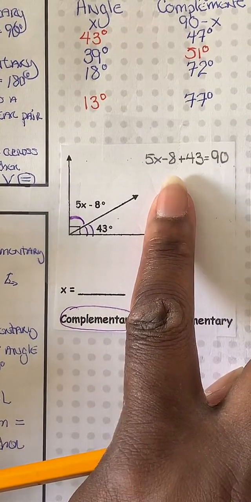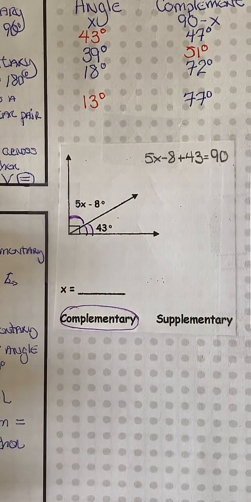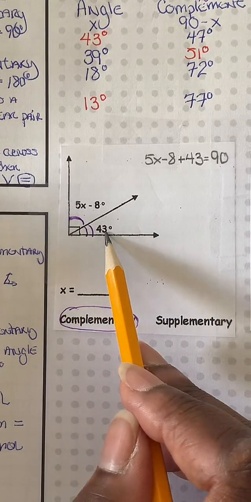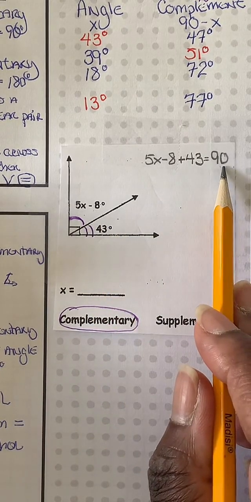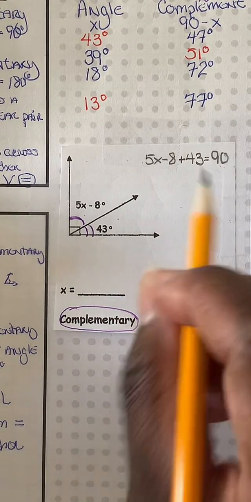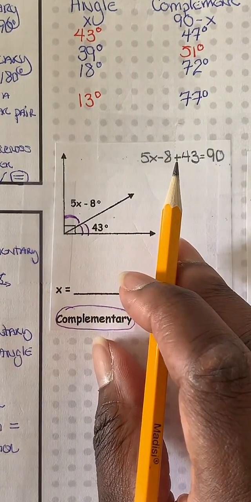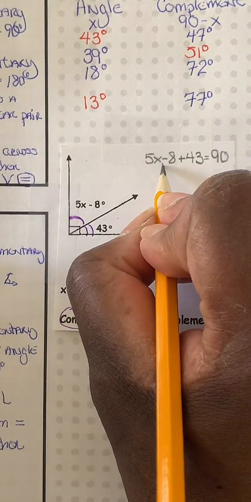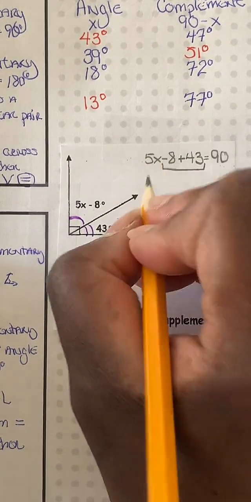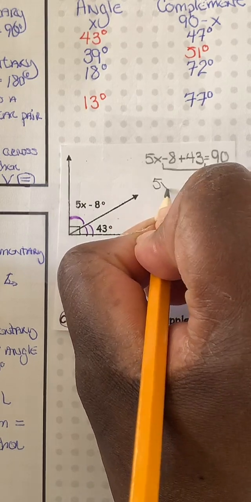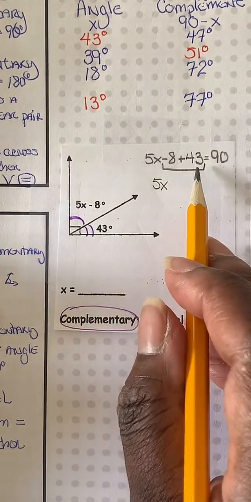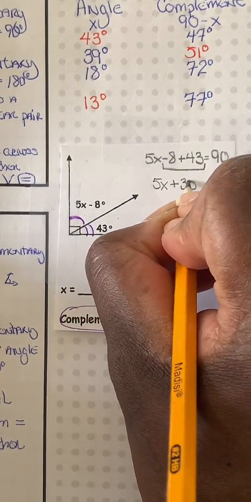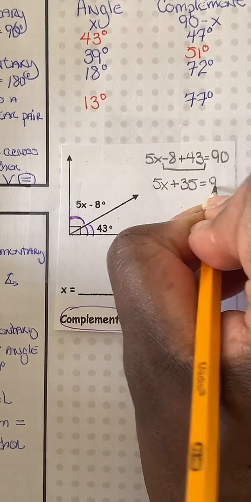This is how you will set it up. You're adding the two angles that they're giving you, and it's going to equal 90 degrees. So now I have my -8 and my 43 on the same side of the equal sign, so I can combine these two. That means I have 5x, and -8 plus 43 gives me a positive 35, and it's going to equal 90.